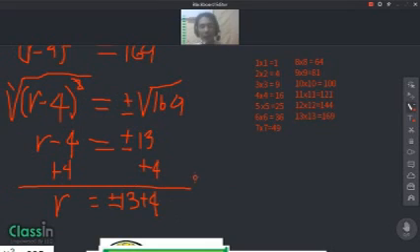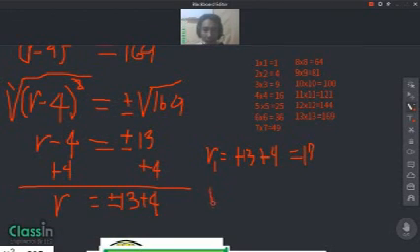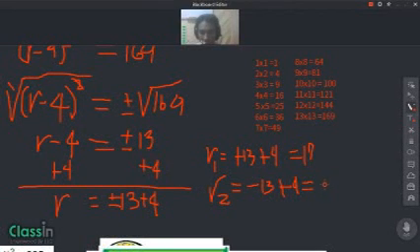Okay, so we have two values of r. So we will solve the first, r sub 1 equals positive 13 plus 4, and then equals 17. Then your r sub 2 is negative 13 plus 4, then it is equal to negative 9. Yes, it's negative 9.